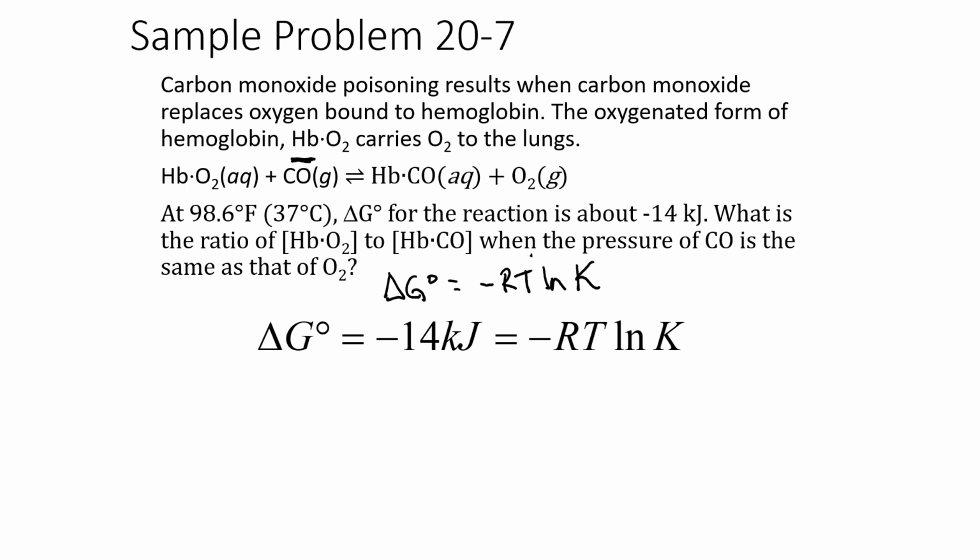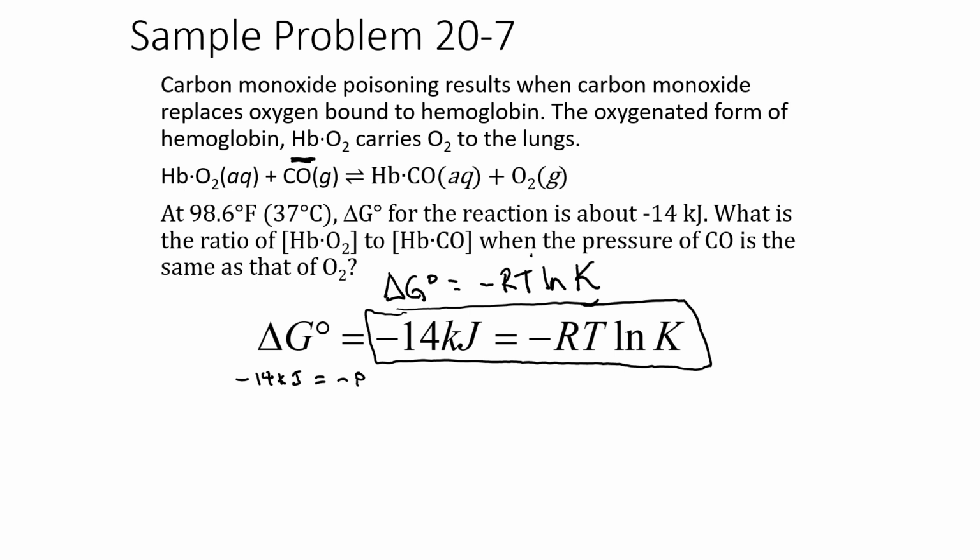All right, number one, we've got our delta G is equal to our negative RT ln of K. So that is also negative 14 is equal to negative RT ln of K. So I can plug stuff in here and say, okay, I have negative 14 kilojoules is equal to negative 8.3145 times 10 to the minus third kilojoules per Kelvin.